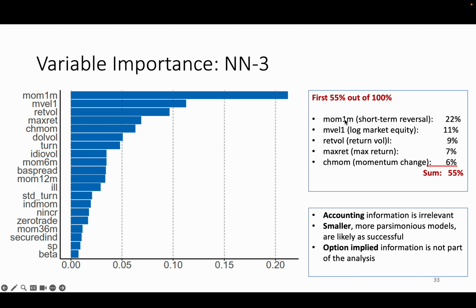If you just had one variable out of the 900, then you would pick 1 month momentum. It's also called short-term reversal, and within their metric of importance it captures already 22% of the information in the prediction. Maybe that's the way I could frame it in easy terms. So why do I like that? First you see it visually, and now you see it in terms of numbers. I took the number from here, most likely 22.